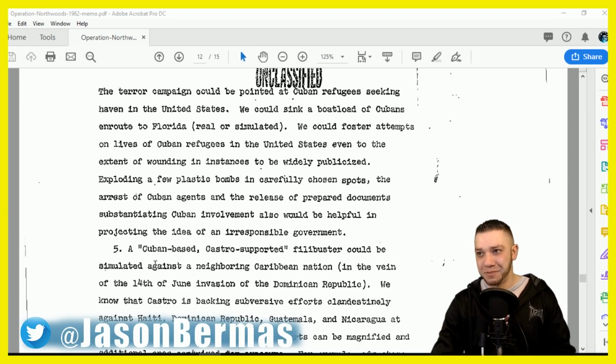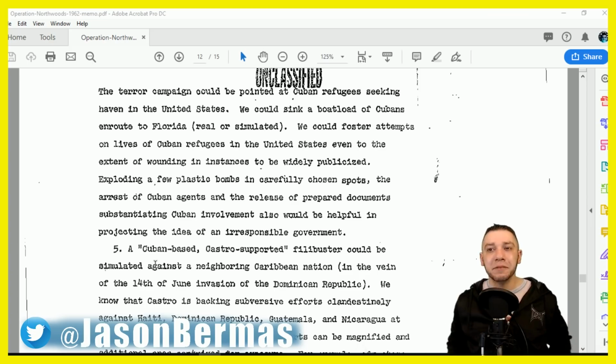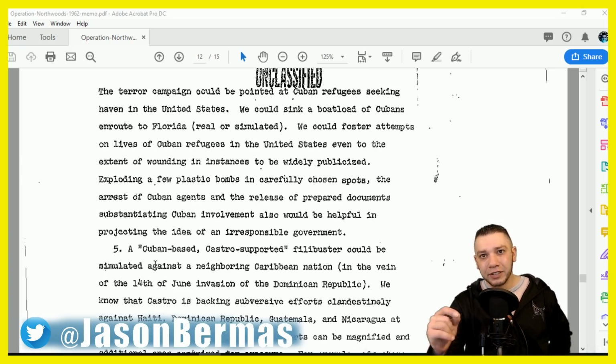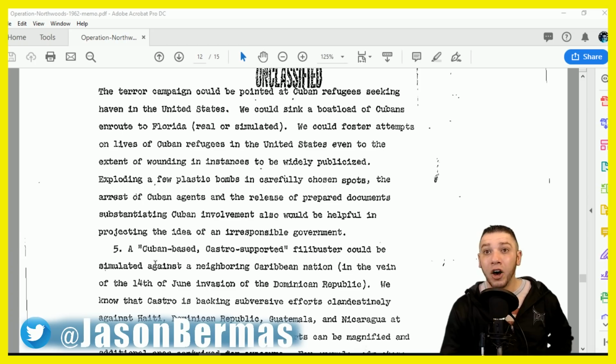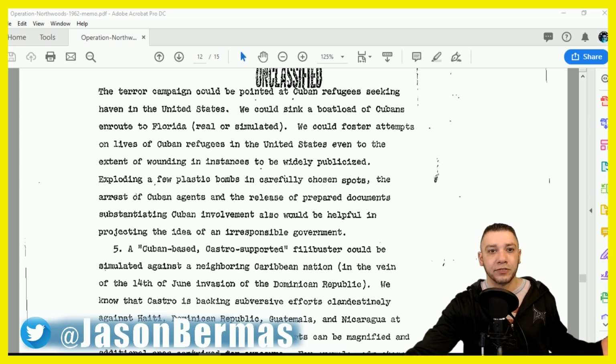Prepared documents. They already have the documentation prepared. Joint Chiefs of Staff. This is what we're talking about here, folks. Okay? The release of the prepared documents substantiating Cuban involvement also would be helpful in projecting the idea of an irresponsible government. We've got the documents, folks.